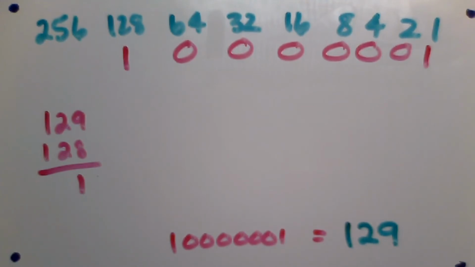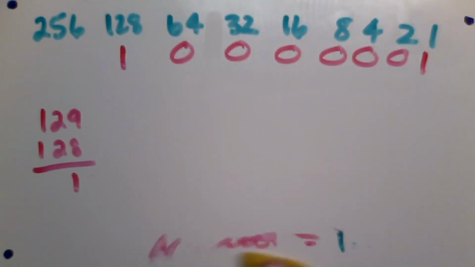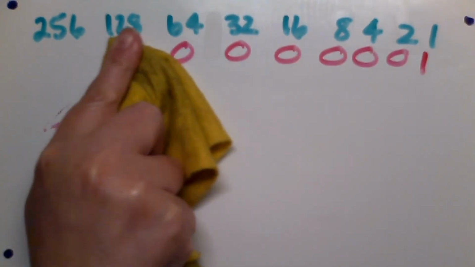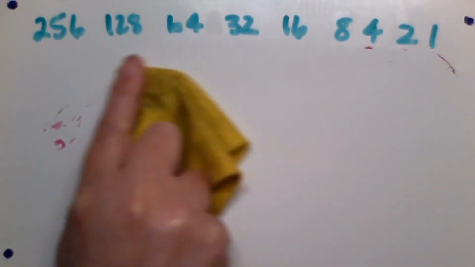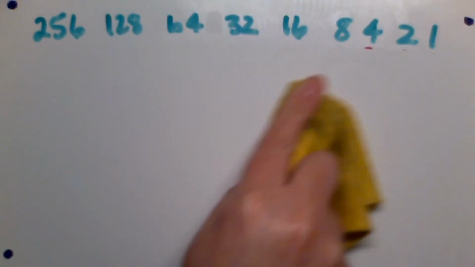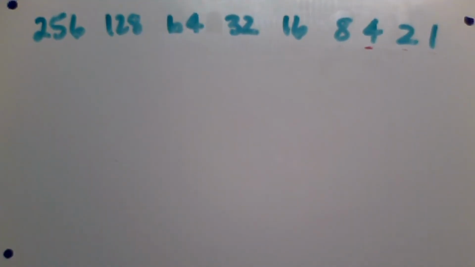Okay. Well, let's just try another example. I'm going to erase my numbers, and we'll do the number 87. Let's see what 87 is in binary. So we're looking down, 256 can't go in.